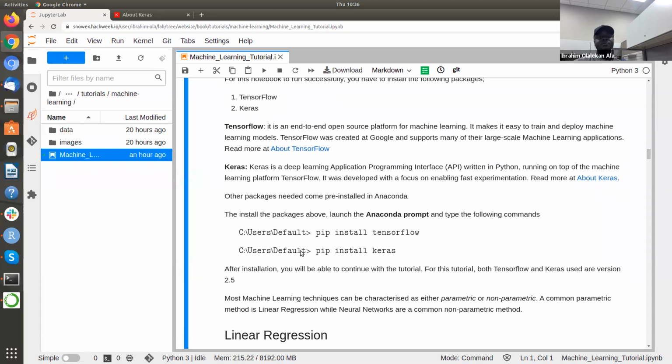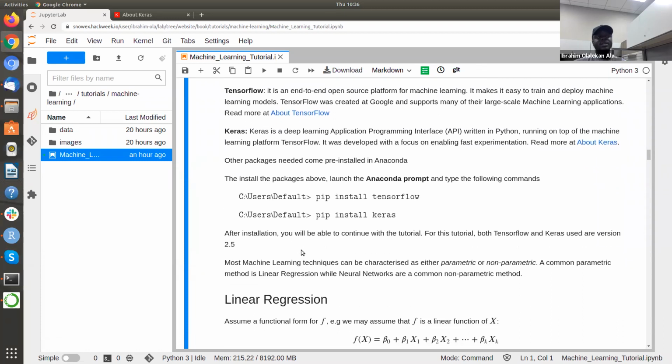But if you follow this tutorial, there is a way to install it when you get down below. For this tutorial, both TensorFlow and Keras are version 2.5. It doesn't mean these codes will not work on lower versions, but the ones I use for this tutorial are version 2.5.